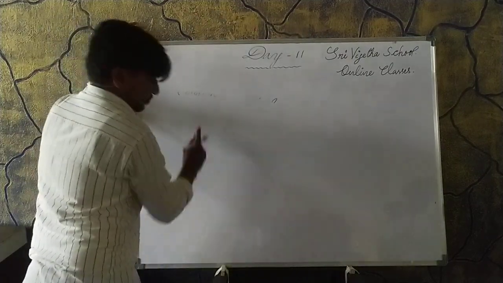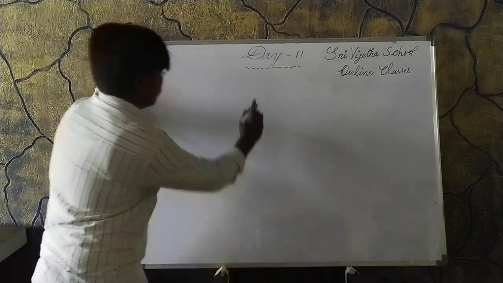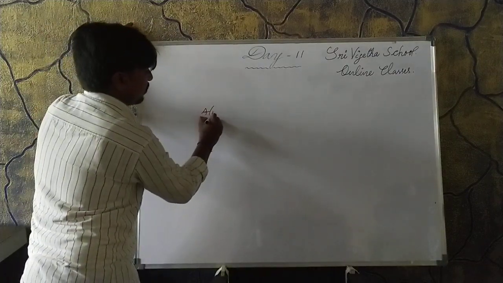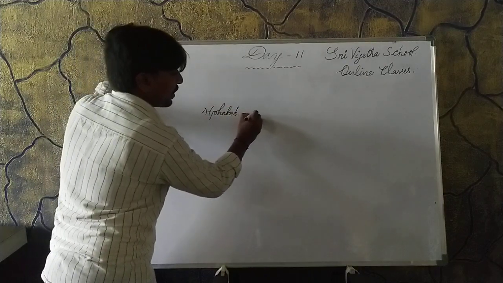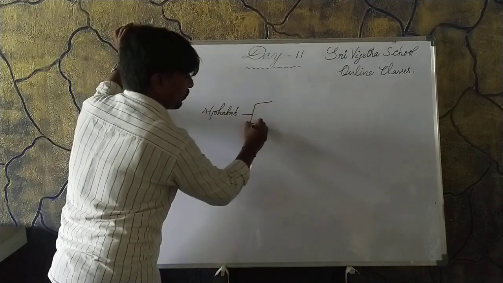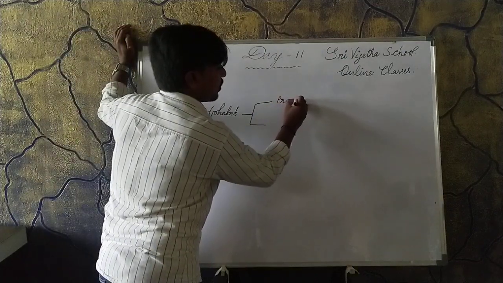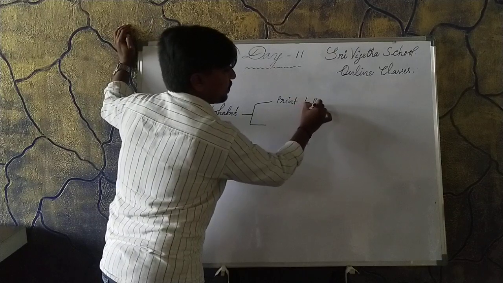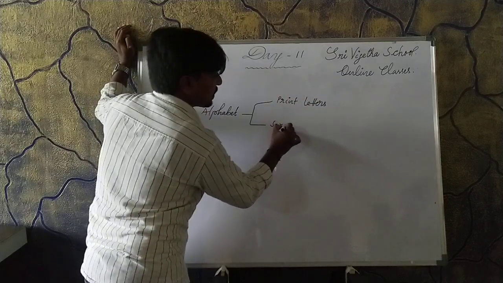Look here. The alphabet can be divided into two types. The first one is print letters, and the second one is script letters.